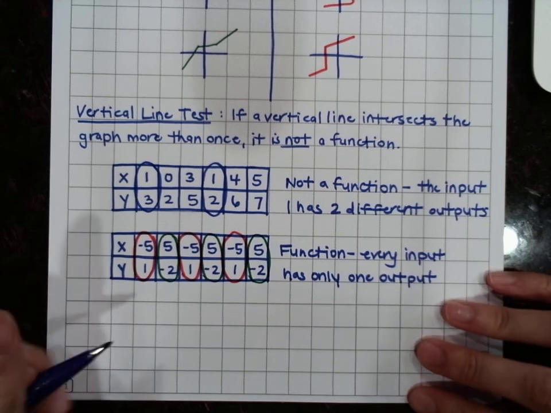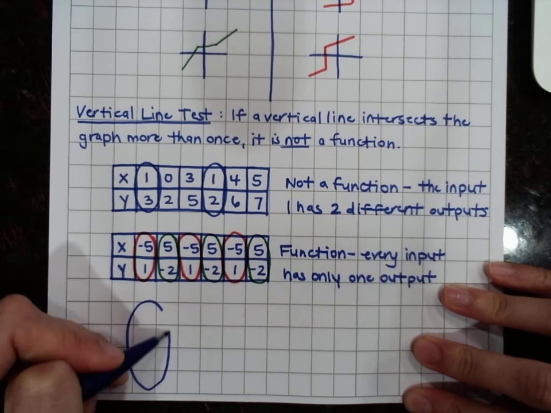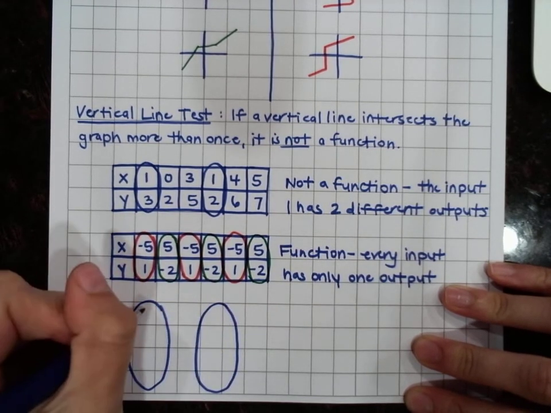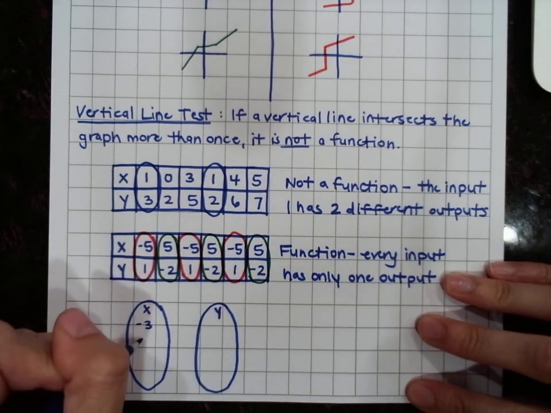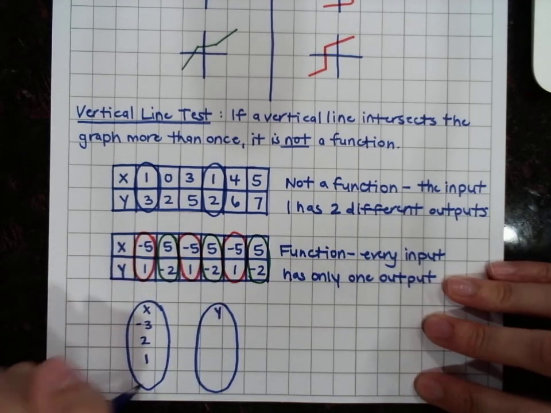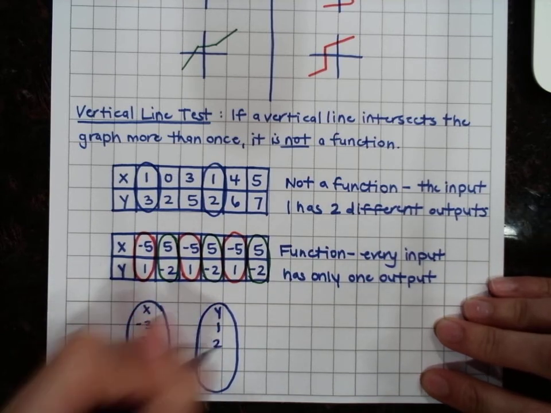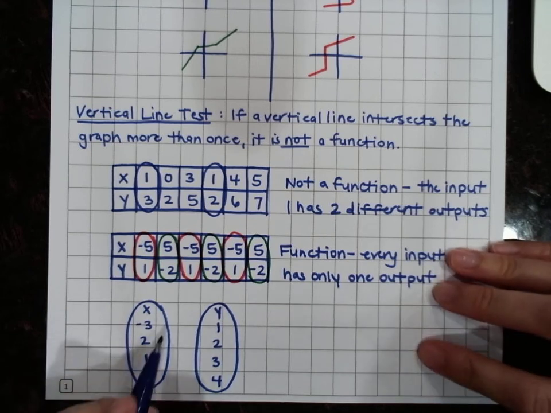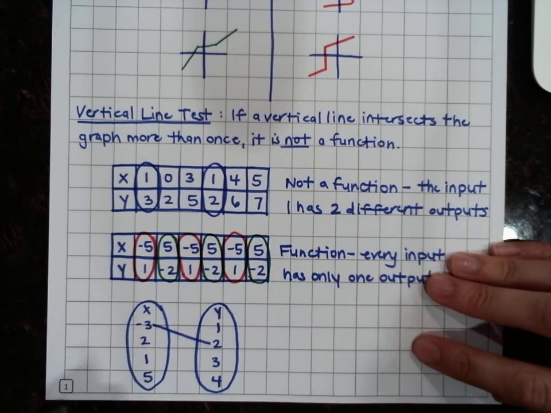Okay, you might also see it like this too. So we have two groups. We have our x, we have our y. So if our input is -3, our output is 2.